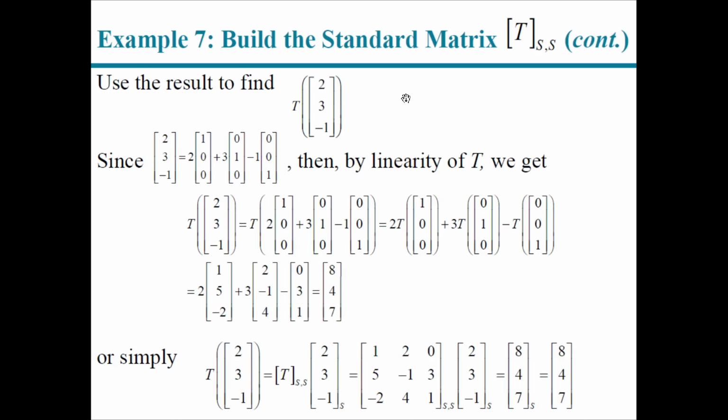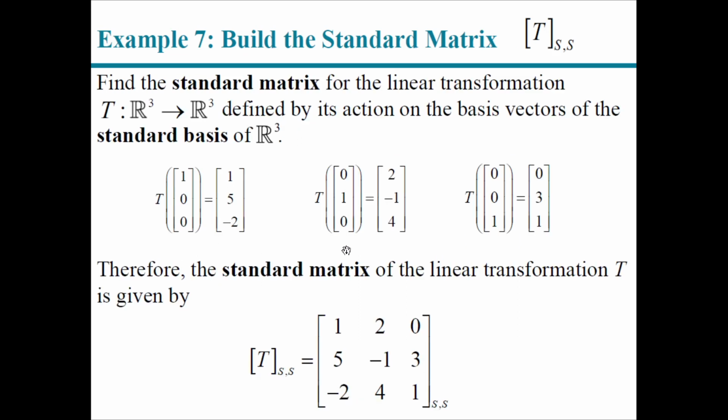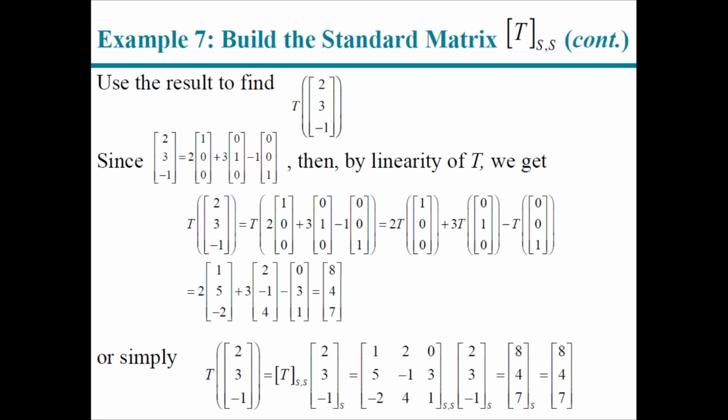Now how do we use this? What if we need to find the image of the vector 2, 3, negative 1 under the action of this linear transformation that is described by its standard matrix? We are going to use linearity of the linear transformation, obviously. We know that the vector 2, 3, negative 1 is a linear combination of the standard basis vectors.